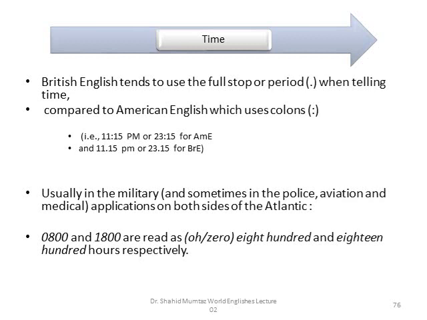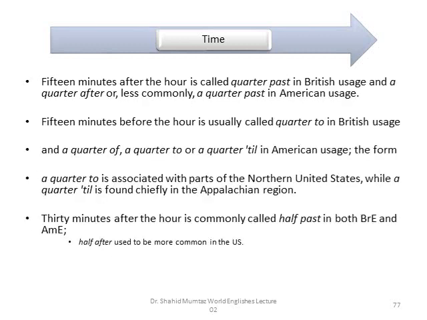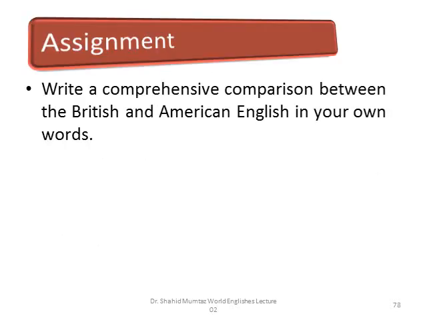Now you can see here, usually in the military and sometimes the police, aviation, and medical applications on both sides of the Atlantic, the following format is used, like 0800 and 1800 are read as "zero eight hundred" and "eighteen hundred hours" respectively. Okay, here more detail about time, you can read it.